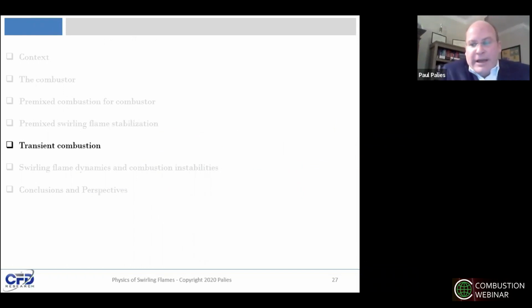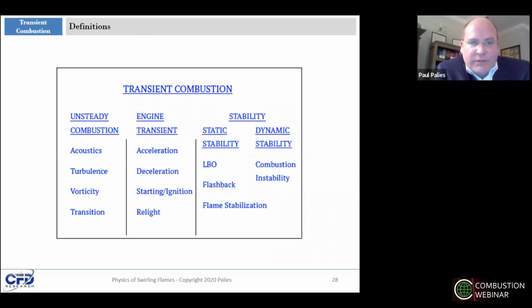So now I'm going to change topic a little bit. We are going to look at transient combustion now, and particularly lean blow-off. These are recent results I will show. So first, a couple of definitions in terms of transient combustion. We have unsteady combustion, which includes acoustics, turbulence, vorticity, and transition from laminar to turbulent combustion.